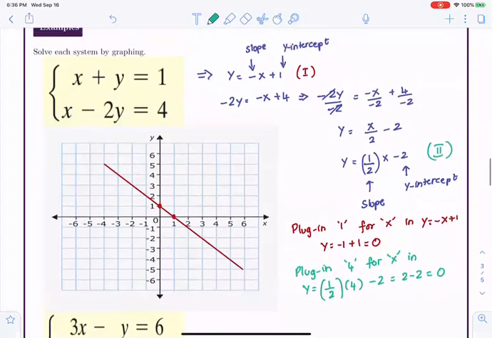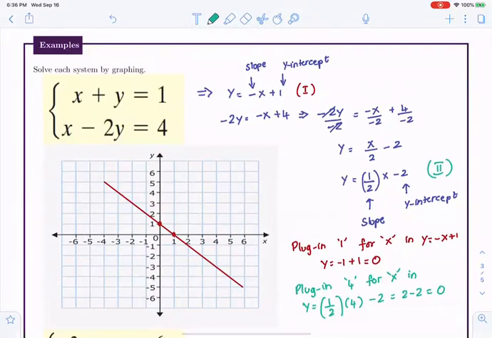So when x is 4, y is 0, and the y-intercept of that line ends up being negative 2, which is right over there. So we can connect those two dots.